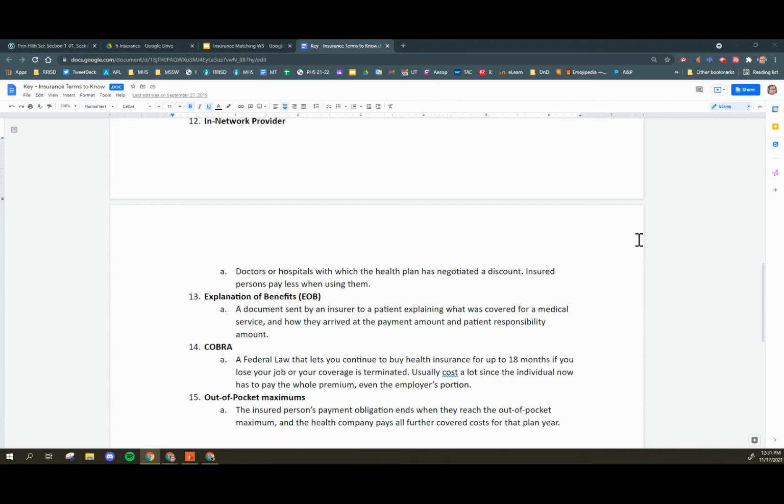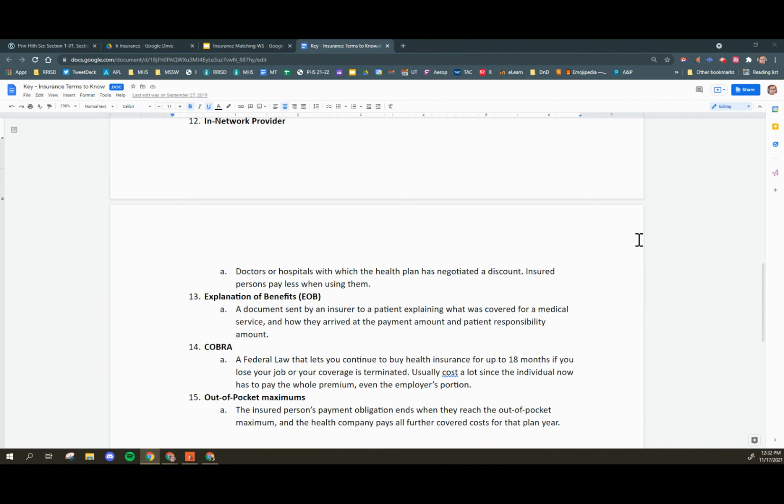Explanation of benefits, also known as an EOB. This is a document sent by an insurer to a patient explaining what was covered for a particular medical service, how they arrived at the payment amount, and the patient responsibility amount. So this is not a bill. When a patient gets this in the mail from their insurance company, it is an explanation of how those benefits were awarded.